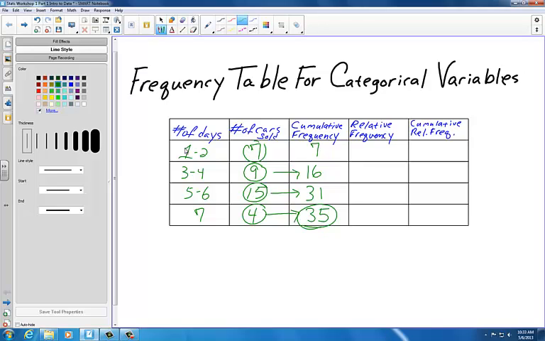The relative frequency represents the number of cars sold by percentage. So for days 1 and 2, I would have 20%, which I'm going to write as a decimal, 0.20. I get this amount by dividing 7 by 35. That equals 20%.